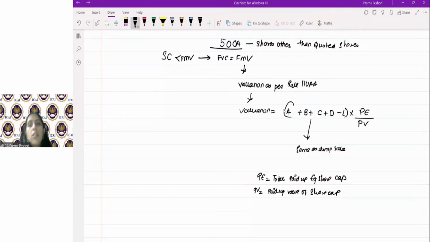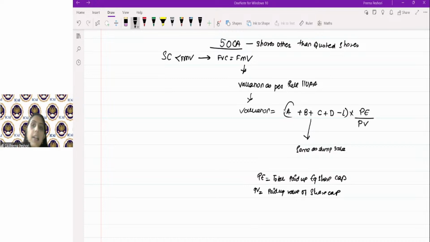Are we clear? So here also what we have seen for the slump sale, it's the same valuation principle. But what you have to just additionally do over here is that you have to consider as per rule 11UA into PE divided by PV, which means that you have to consider the paid up share value over here.